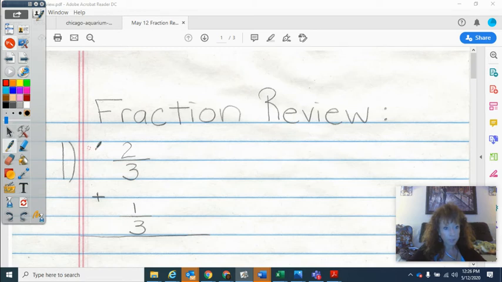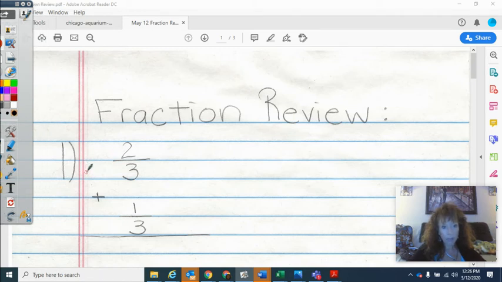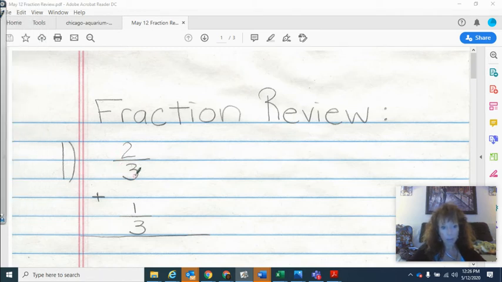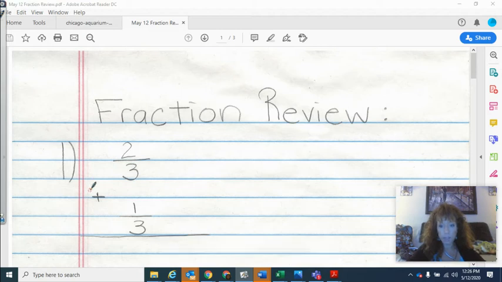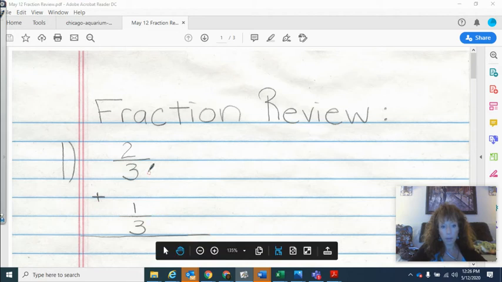Okay, so on that note, we'll get started, and I will grab a pen. And here we're adding two fractions, 2/3 plus, and make sure we're watching those signs because it's easy to ignore the sign, and maybe we add when we're supposed to subtract or subtract when we're supposed to add. So we're adding 2/3 plus 1/3. They have the same denominator, same.